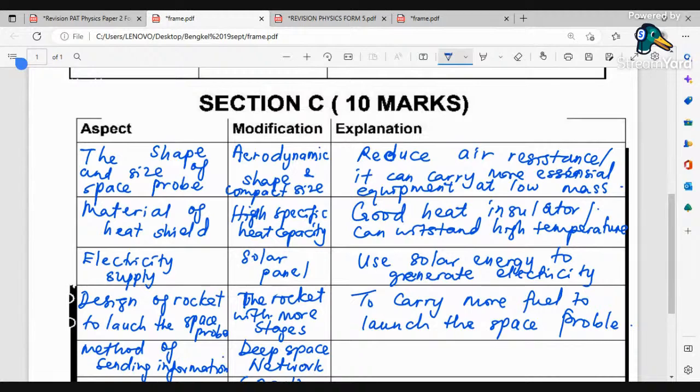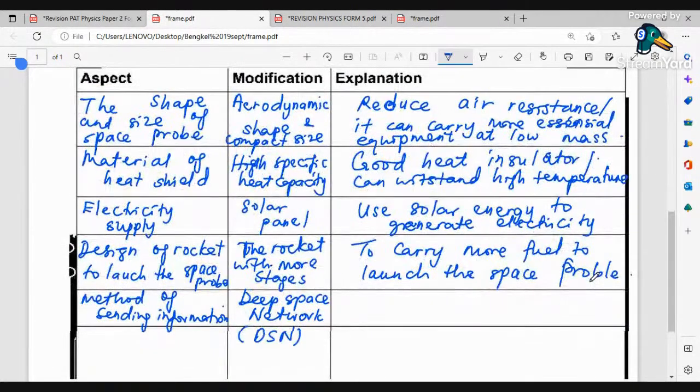So by this method, it can reduce its mass along the way and increase acceleration. The method of sending using the DSN to send and receive radio signal. So we can update information by using this system.